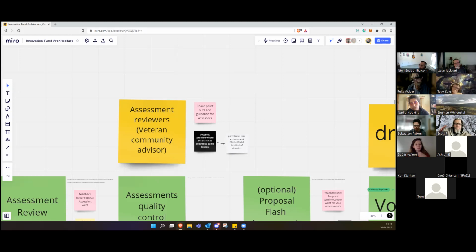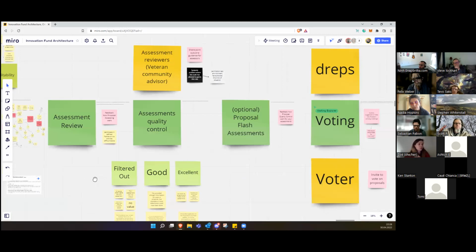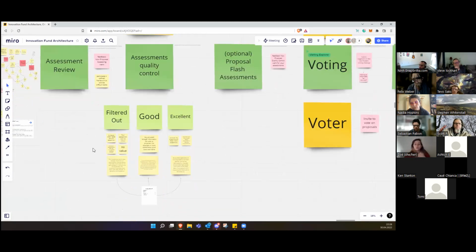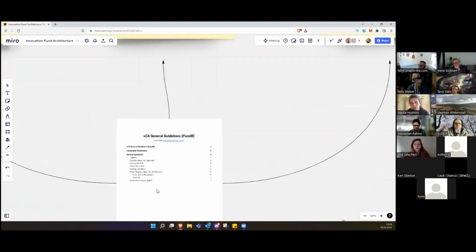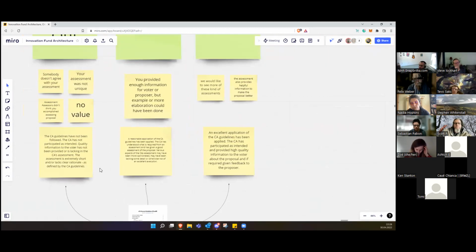We have something, I don't know exactly how the VCA quality works, but there are some like 0.75, 1, and 1.5 reward modifiers.